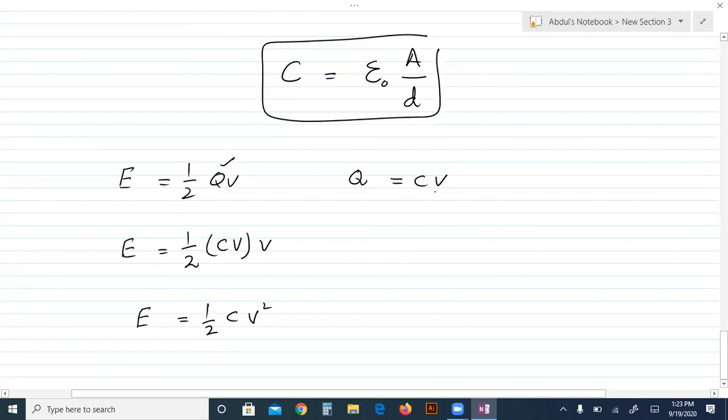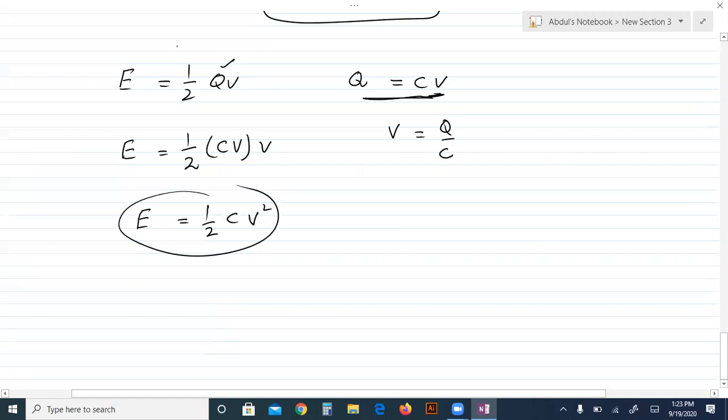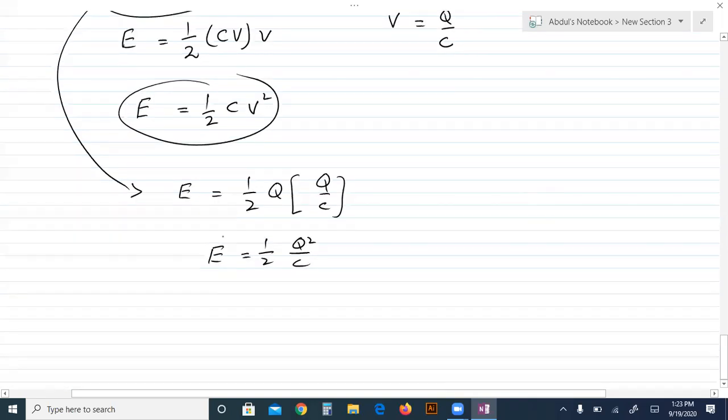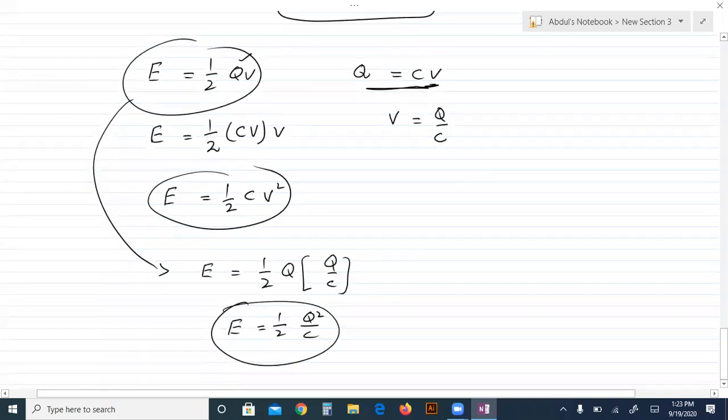And if V is equal to Q divided by C, then the formula can also be 1 by 2 Q, replace V with Q by C. So energy becomes equal to 1 by 2 Q square over C.